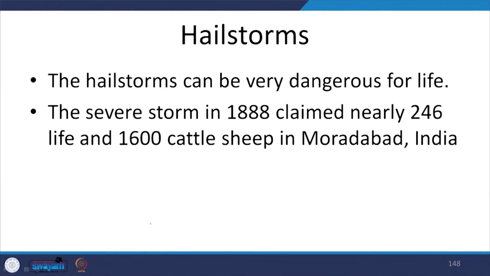So, hailstorms are very dangerous for various forms of life that exist on the surface. The severe storm in 1888 was the most infamous hailstorm event, which claimed nearly 246 human lives and 1600 cattle and sheep in India, right. So, hailstorm is a very dangerous phenomenon.